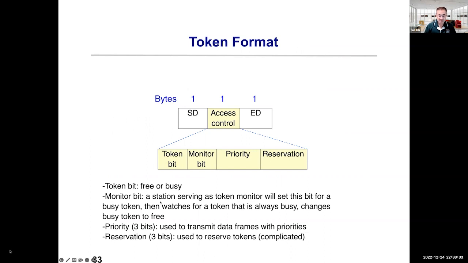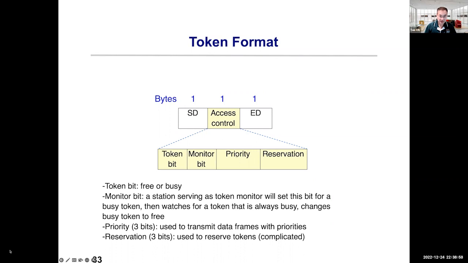There's a bit in the token indicating whether it's busy or free. Monitor bit: the station serving as token monitor will set this bit for a busy token. There's also the priority, 3 bits used to transmit data within priority.